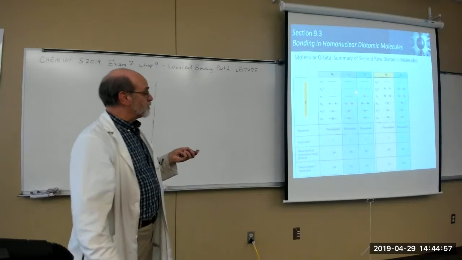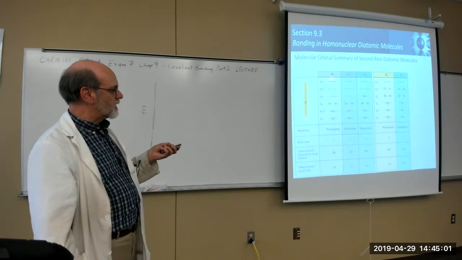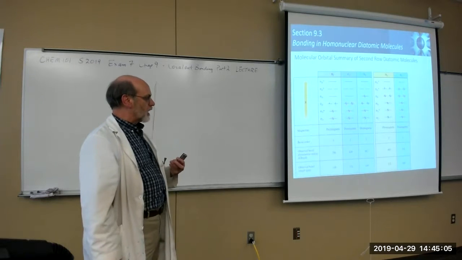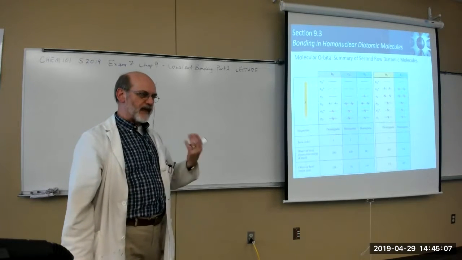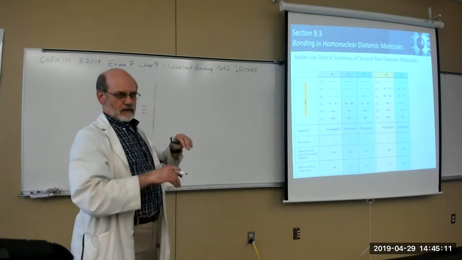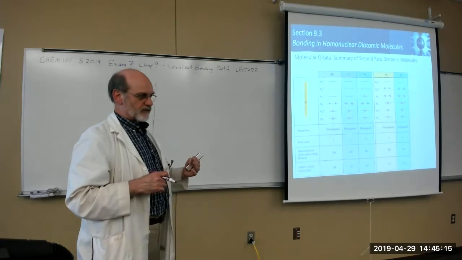Whereas for diboron, dicarbon, and dinitrogen, the s and p energies are close enough that you get mixing between the s and p orbitals, and that changes the order of the sigma and pi bonds.